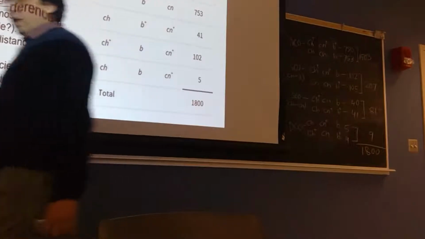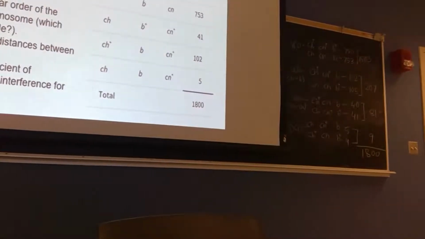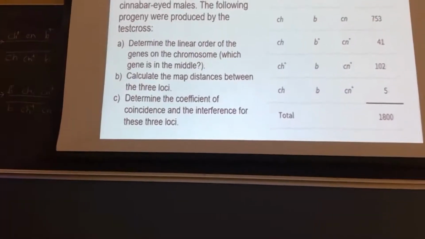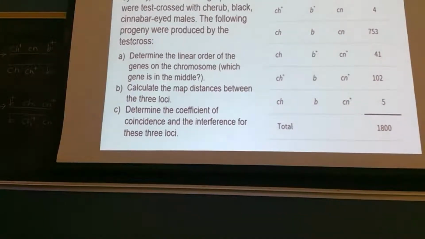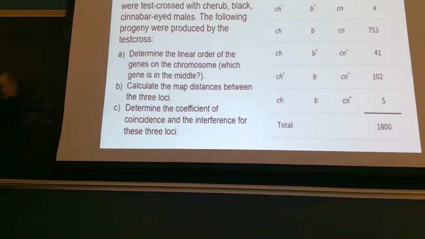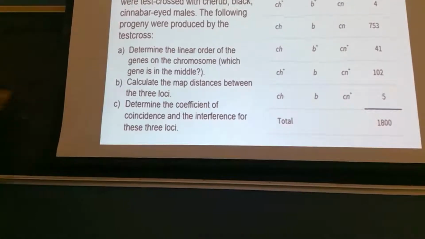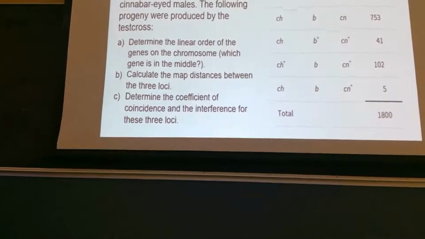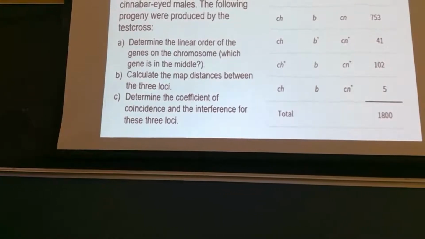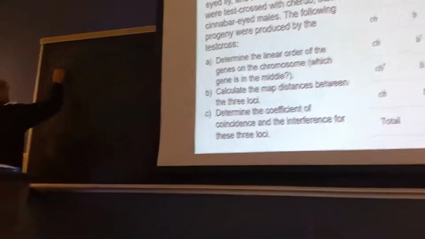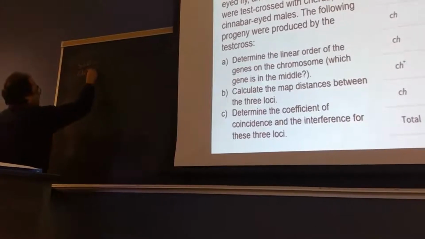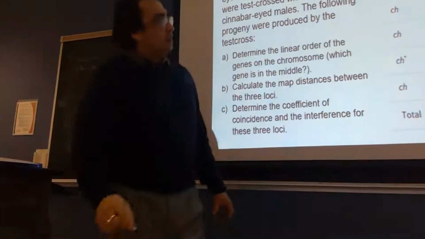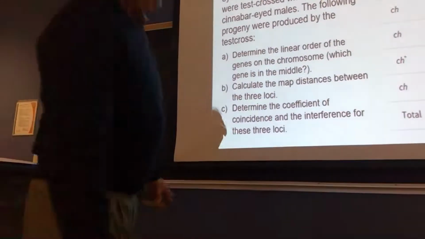Now, based on that, we need to find out the total crossover between these two genes. So, single crossover between CH and Cn is how much total? 81.